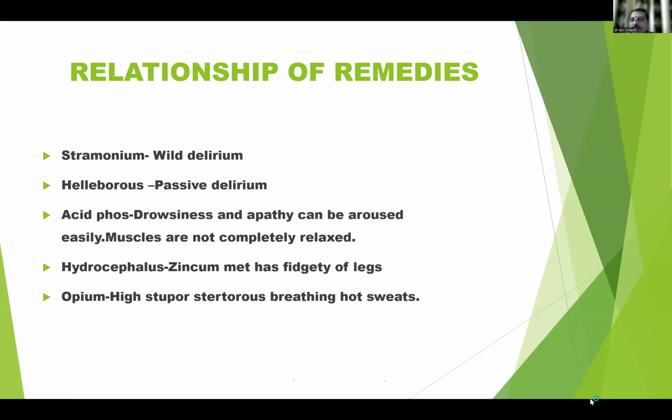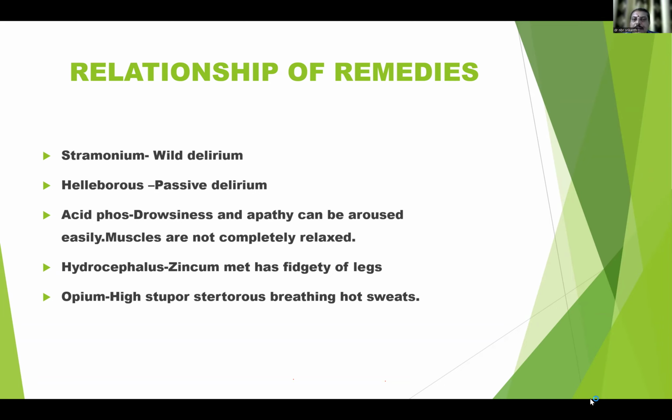Hydrocephalus is one of the diseases where Zinc and Helleborus run close. But Zinc has this fidgetiness of the legs. They keep on moving their legs in those hydrocephalic cases, with other symptoms. But Helleborus is complete stupefaction.